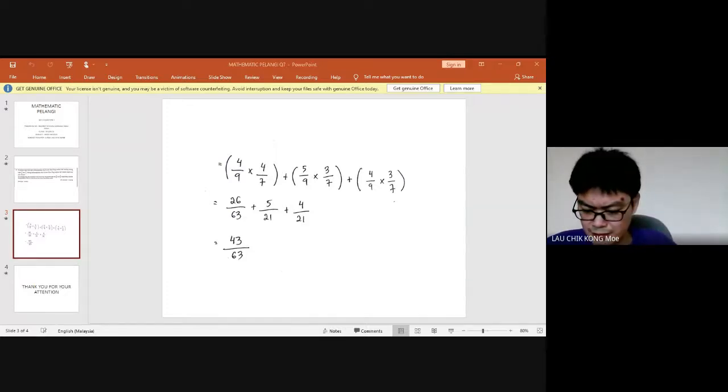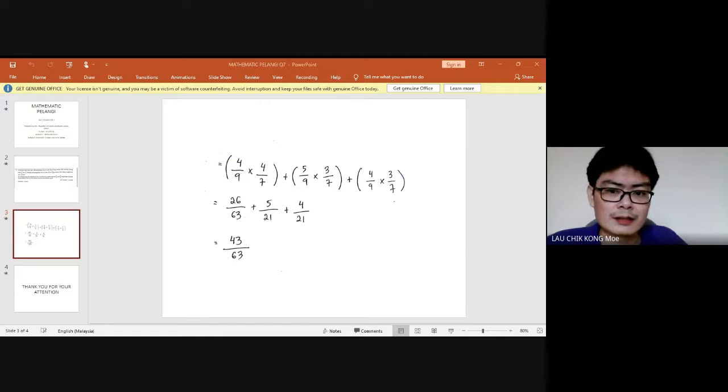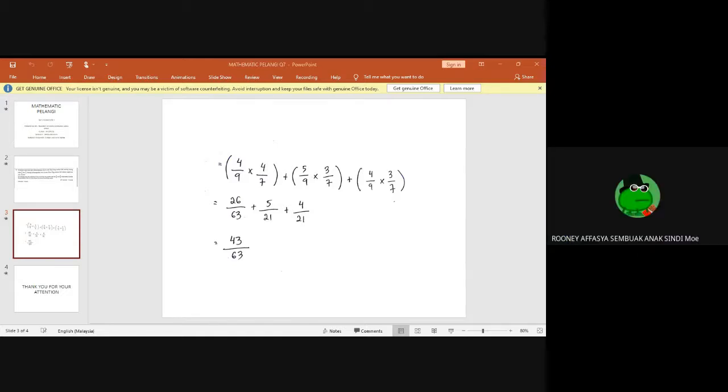Why do you do it like this? Can you explain? Because Yanzi and Xiaoping eat the cake and the total cake left.